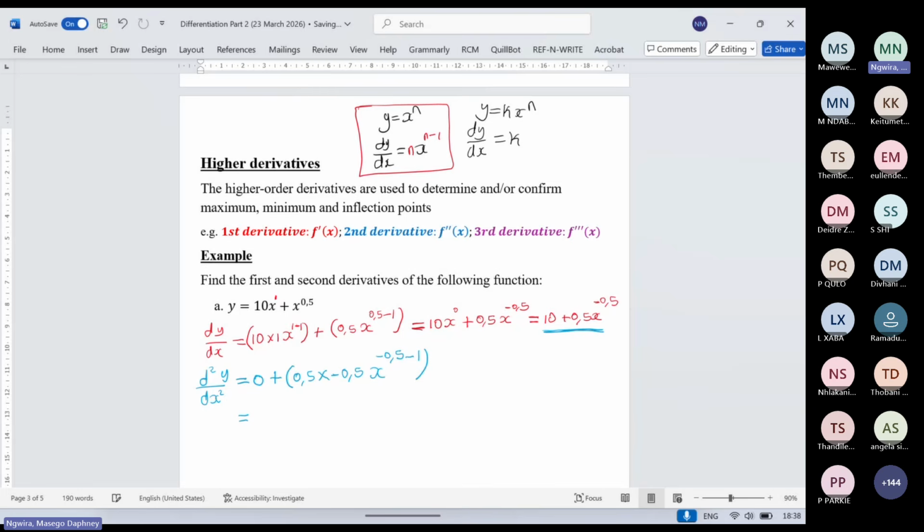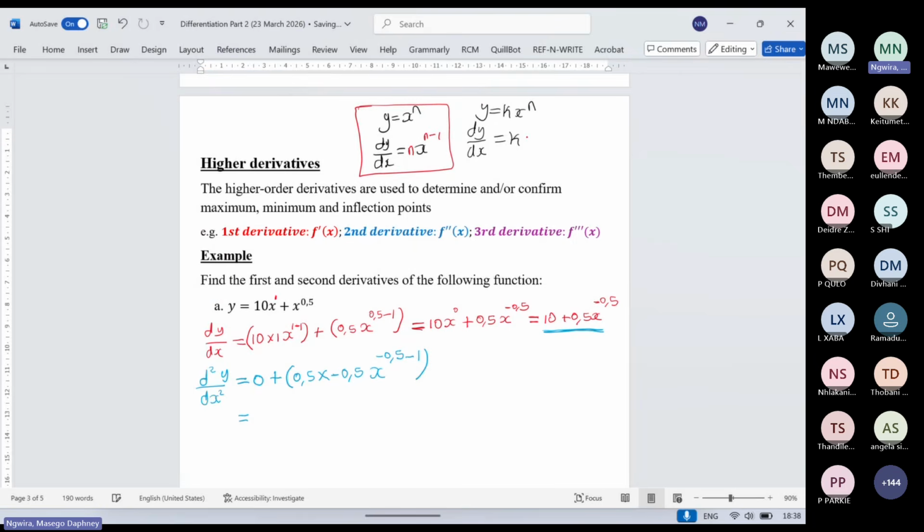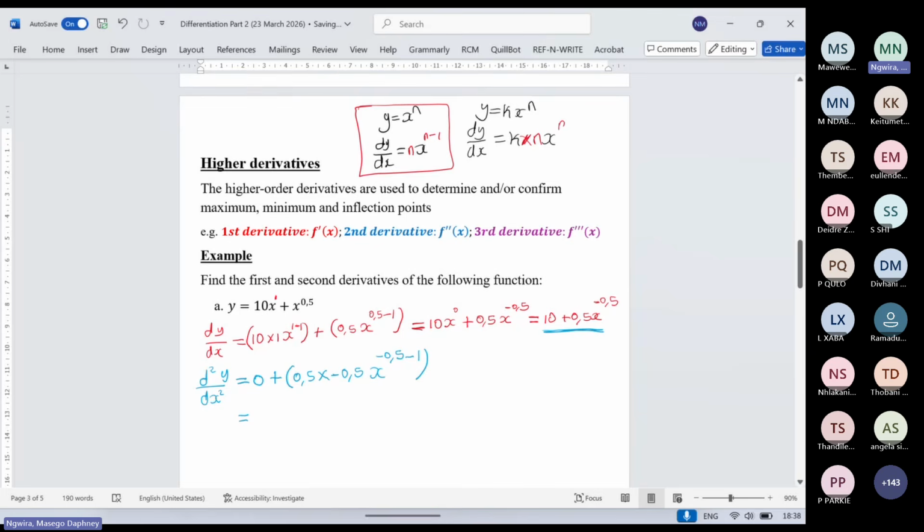Nothing has changed. You still write the n, the exponent. So whatever was next to x, you multiply it with the n. And then this will be x to the power of n minus 1. This is what we did last time, n minus 1. That's what I'm using here to do the blue one.